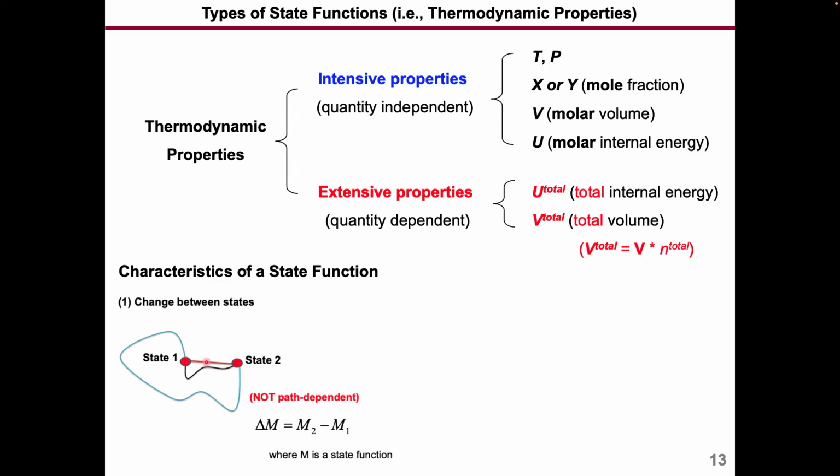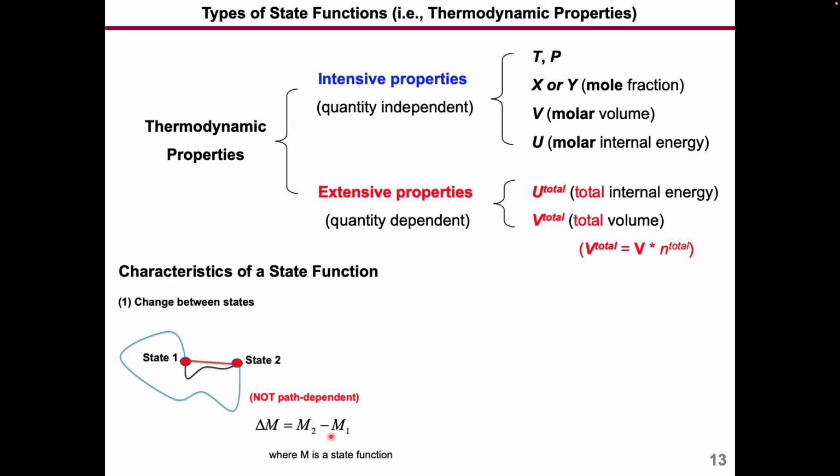And then when we are talking about the change between these two states, let's say M is a particular thermodynamic property, you are focusing on delta M, the change in this particular thermodynamic property going from state 1 to state 2. It is just equal to final minus initial, right?